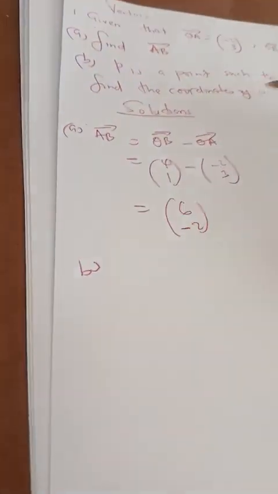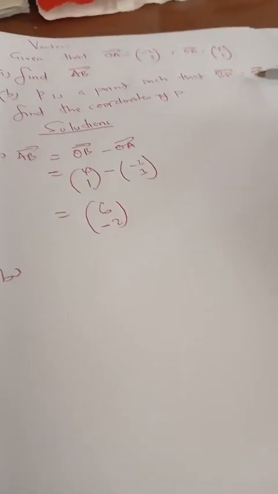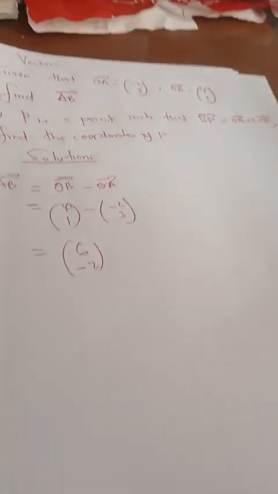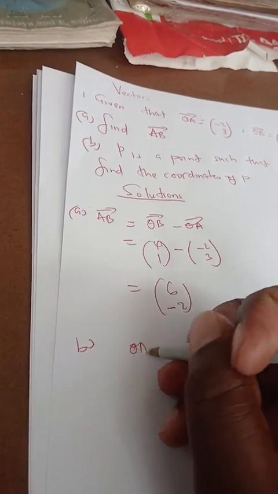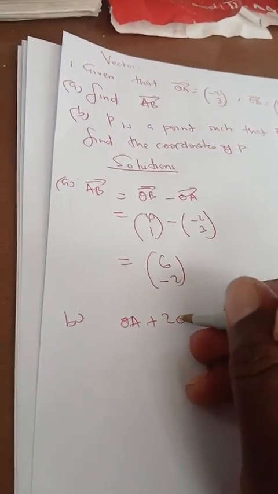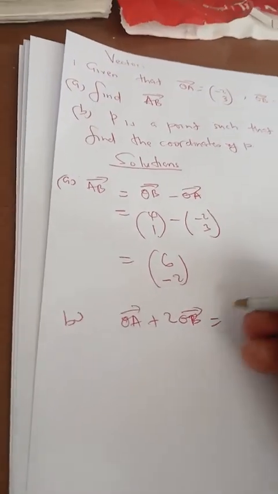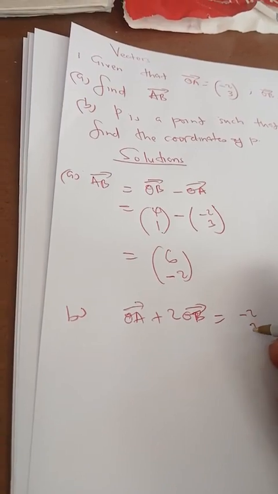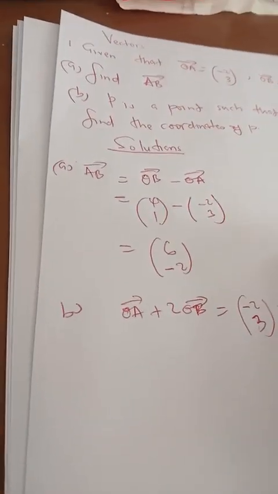Part B says if P is a point such that BP equals OA plus 2OB. So we are going to start by finding OA plus 2OB. OA is given as -2, 3, plus 2OB, where OB is 4, 1.